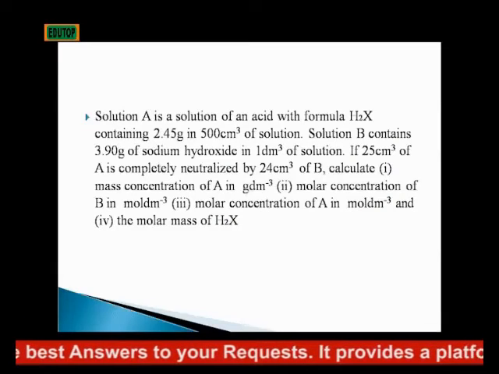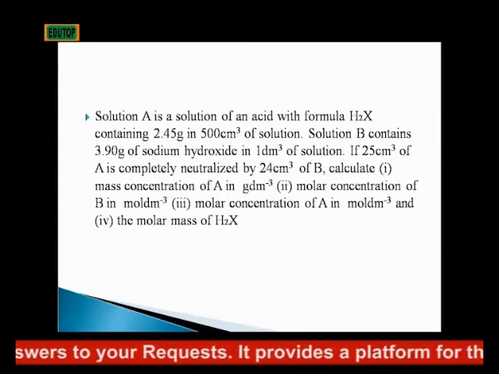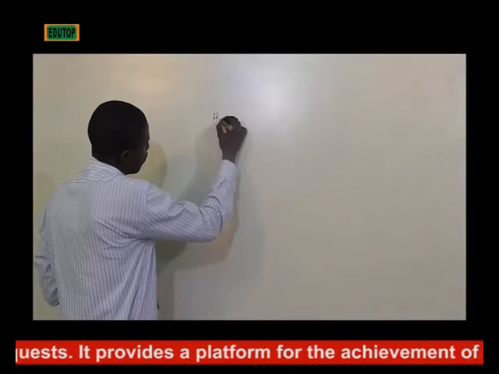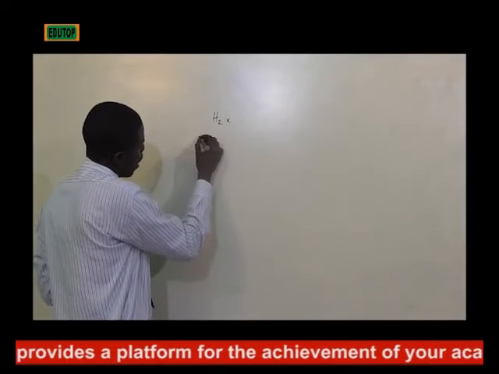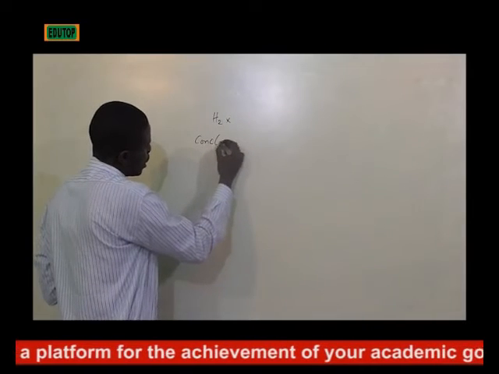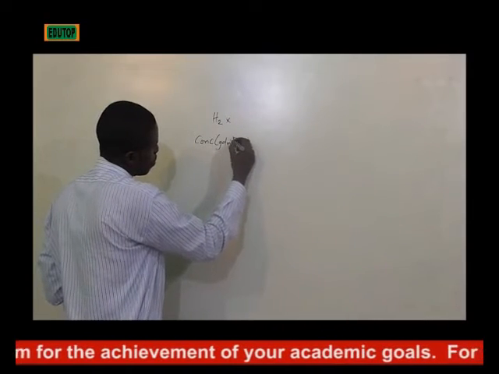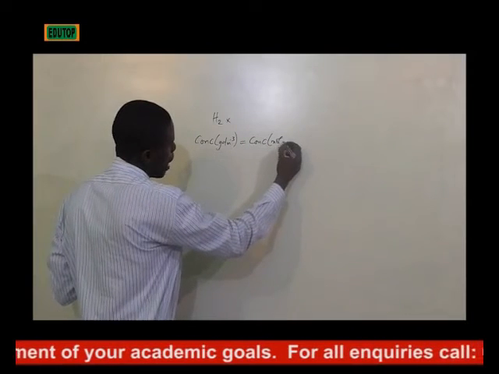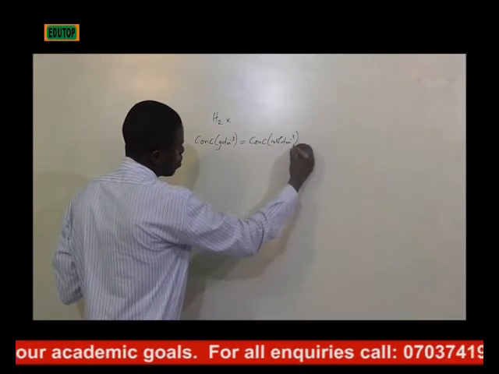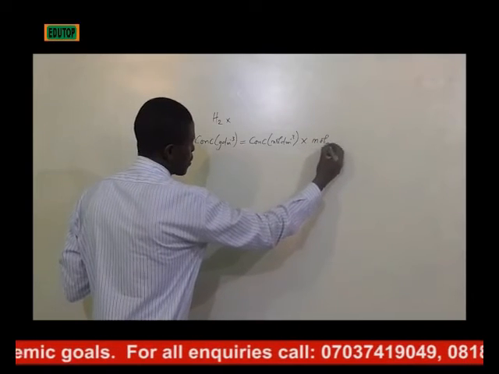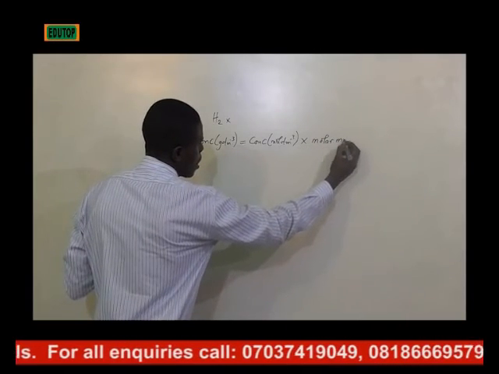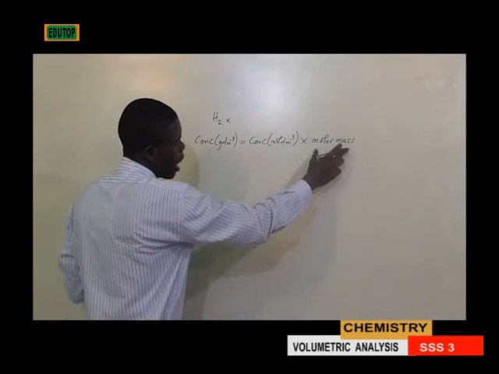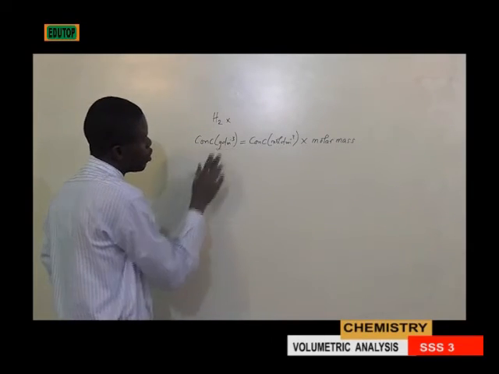Roman figure 4 of question 2. The molar mass of H2X. You have concentration in gram per dm cube equal to concentration in mole per dm cube times the molar mass. Our interest is to look for this molar mass, and if we are to look for this molar mass, we must know this and we must know this.